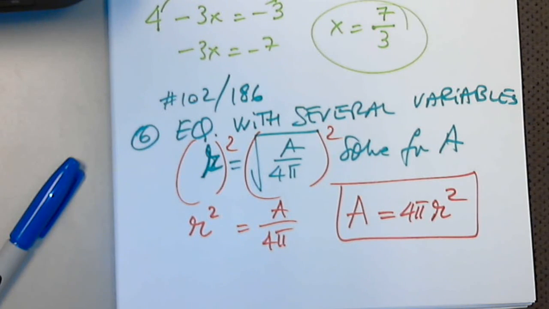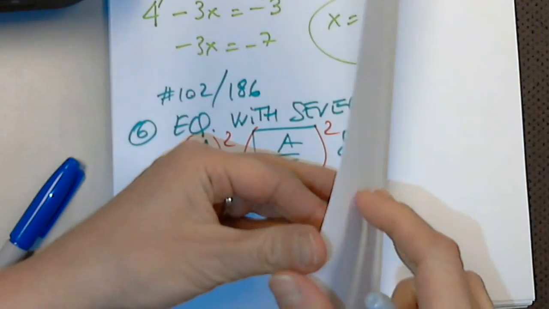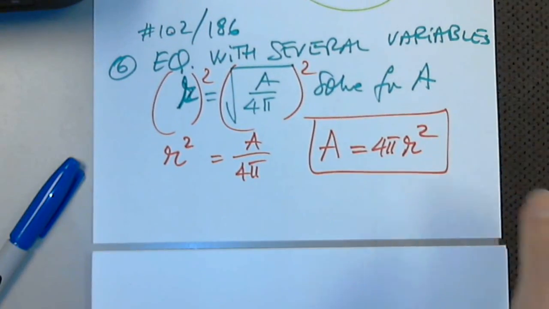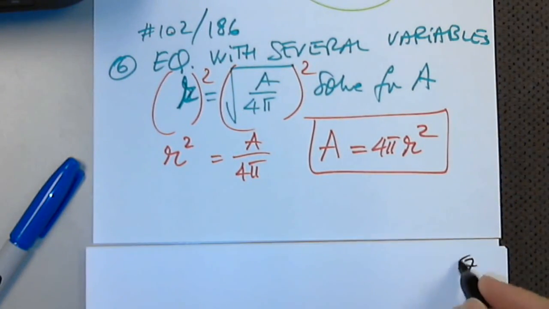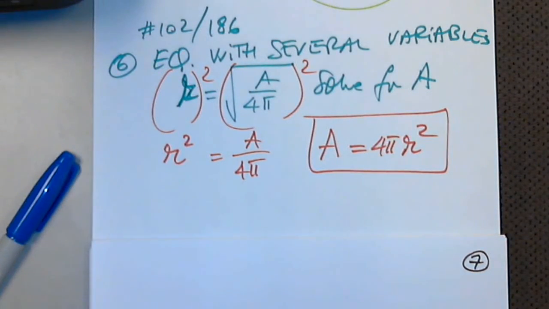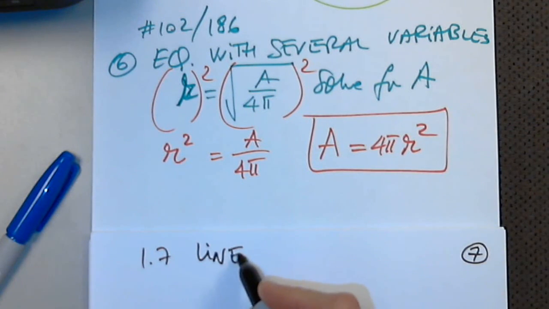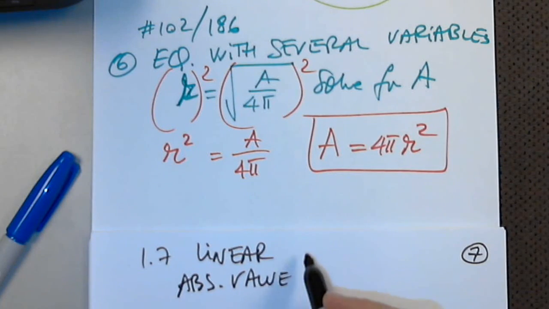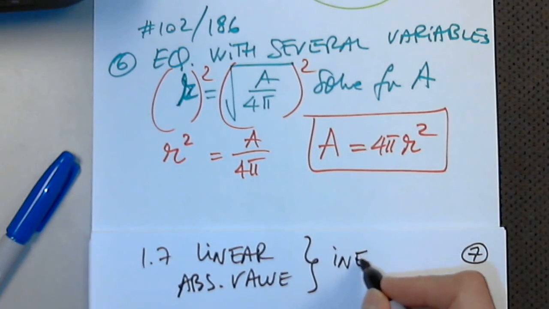The last section of chapter 1 deals with linear inequalities and absolute value inequalities. Yes, please. Any questions? So 1.7, linear and absolute value inequalities.